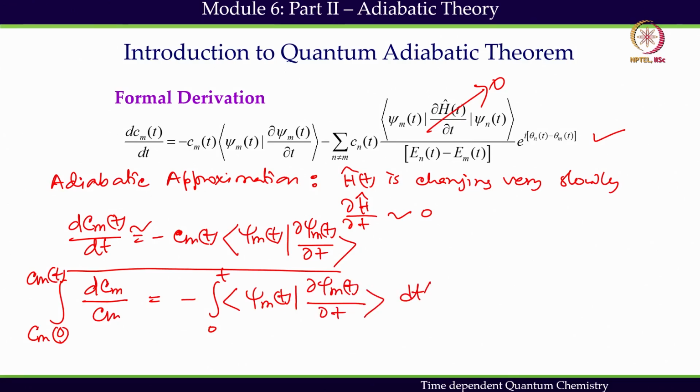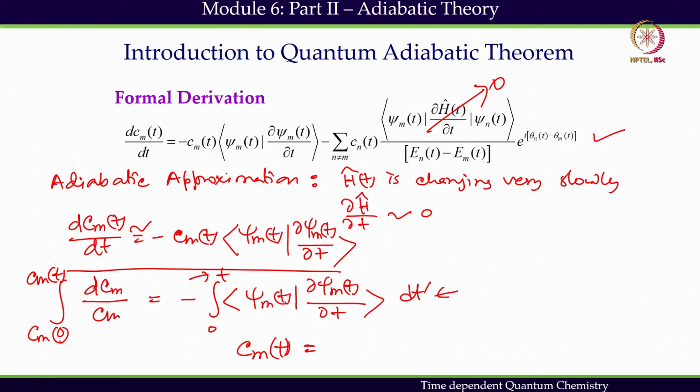So we have again distinguished the variable for the integration and the limit for the integration. The limit is showing that I am looking at the integration from 0 to t, and if I do that integration, then immediately I get this value Cmt at time t, which is immediately after the adiabatic process is turned off.